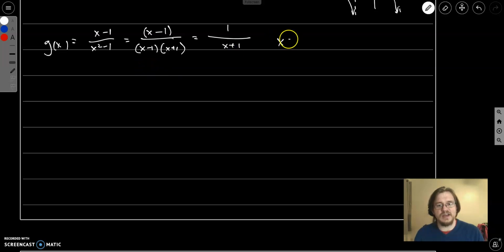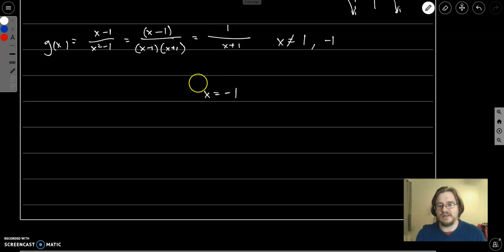Now, I have to remember that I canceled this out. So for instance, I know that x cannot be equal to 1, and x cannot be equal to negative 1. Otherwise, I'm dividing by 0 in the original function. Even though they cancel out, my domain still doesn't have 1 and negative 1 in it. Now, what we'll notice is that if I plug in x equal to negative 1, I'm dividing by 0, and it doesn't cancel with the top.